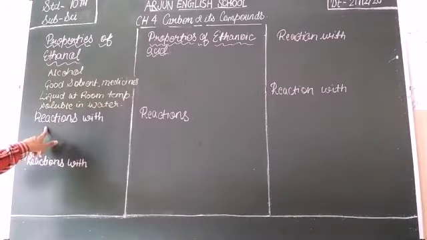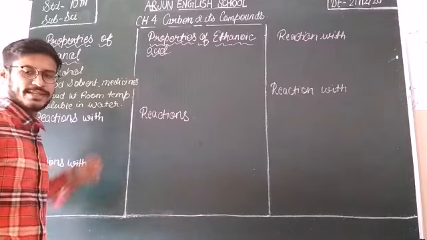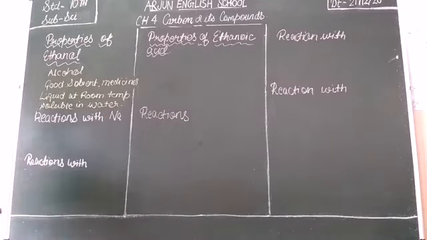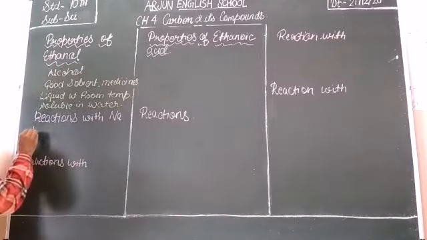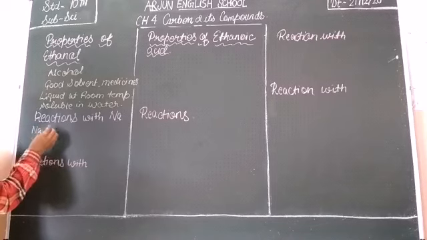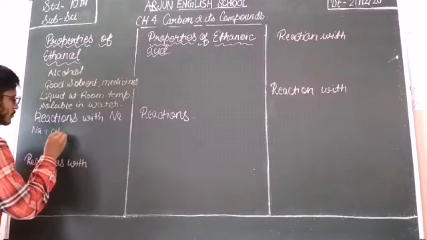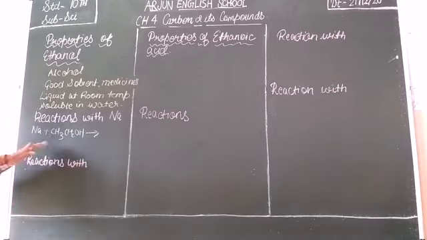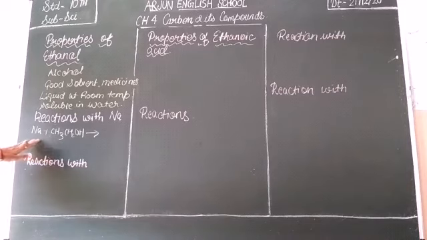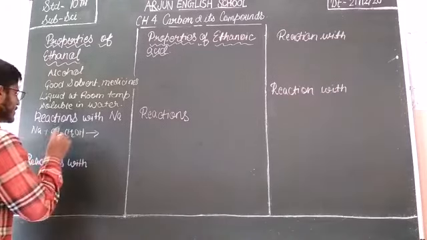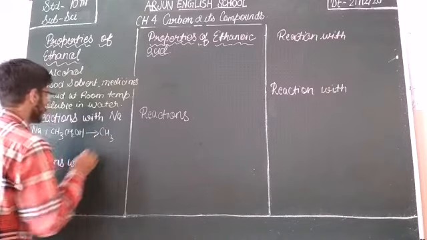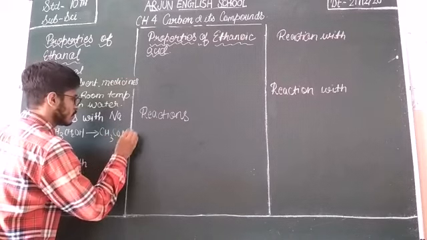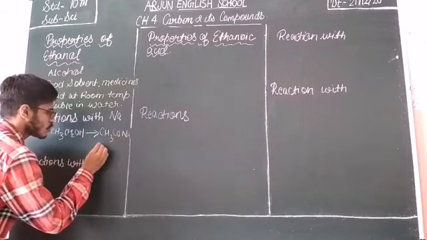Now first we will start with reactions with Na, that is sodium. So when ethanol reacts with sodium, the result is CH3CH2ONa.